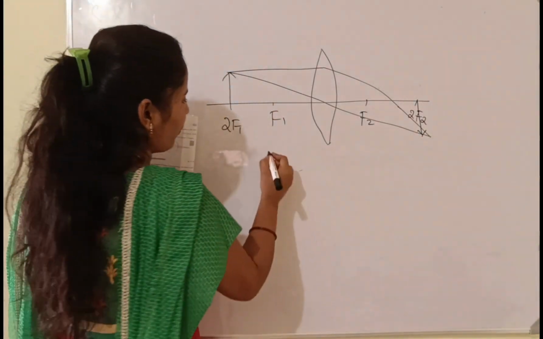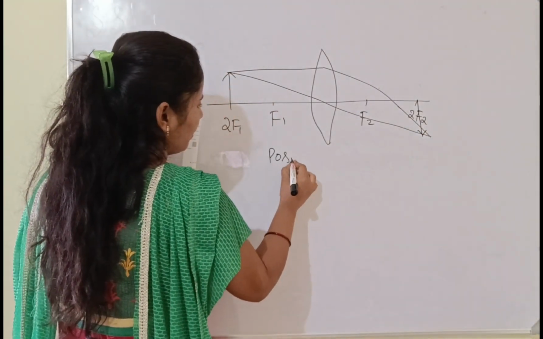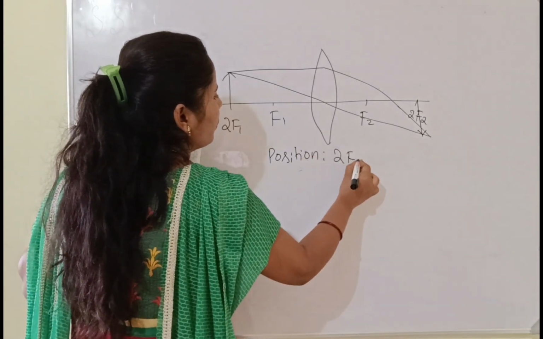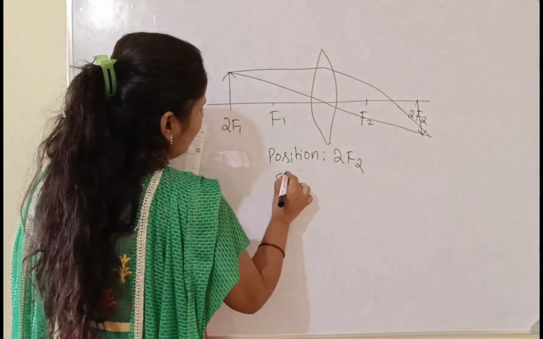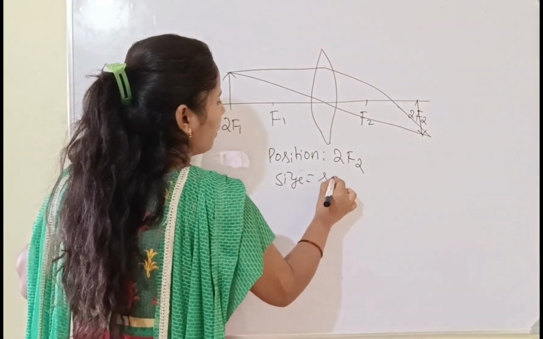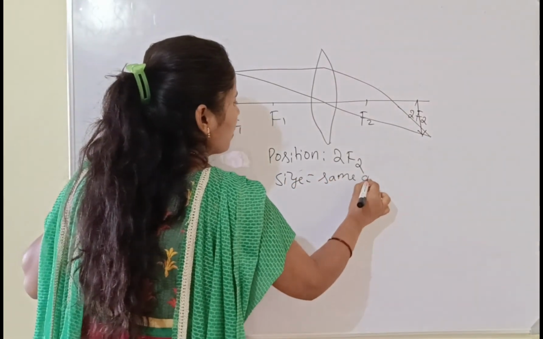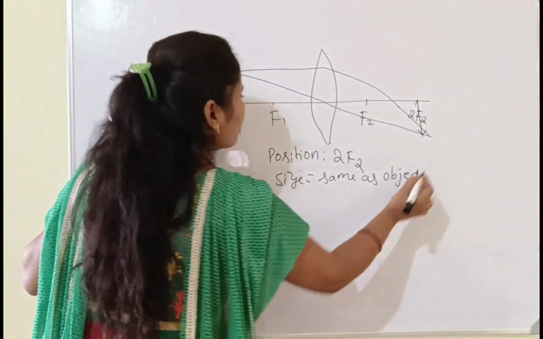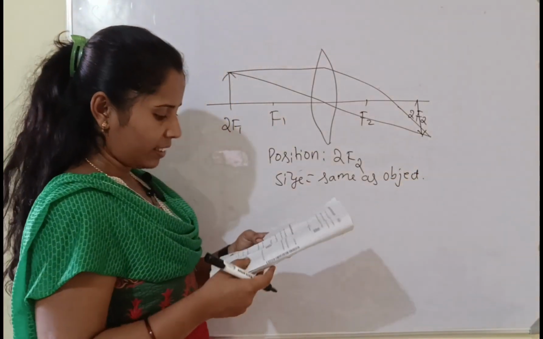So the position of the image will be at 2F2, size same as the object. So if you write this much, you will get 3 marks.